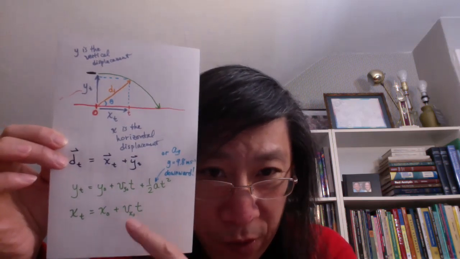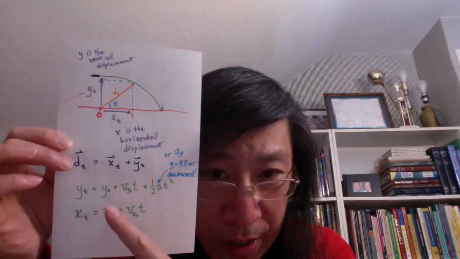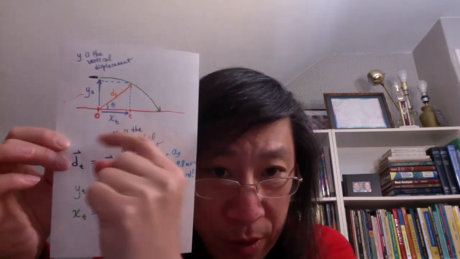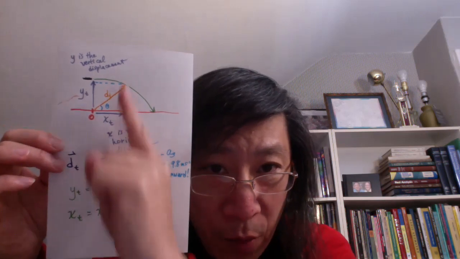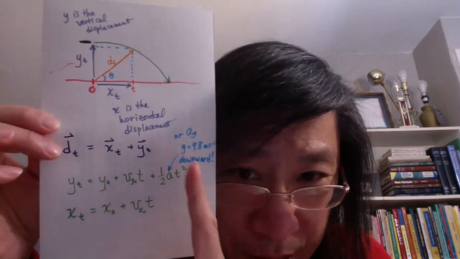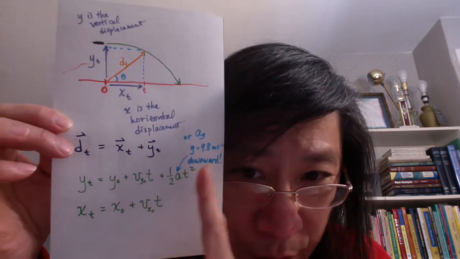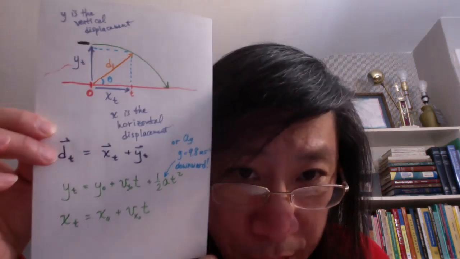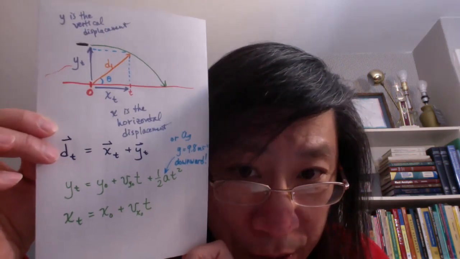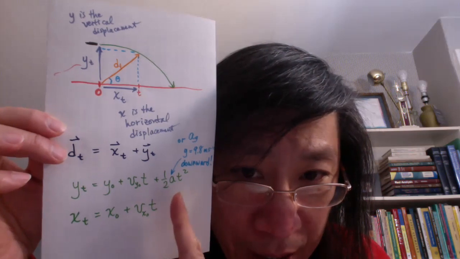So you have 2 different equations for the x and the y, and you use the angle theta to determine what component of the motion is along the x-axis and what component along the y-axis. Remember that the acceleration of gravity is 9.8 meters per second squared at Earth's surface. If we went somewhere else, we'd have different gravitational accelerations, and so that acceleration a might be different. It's just amazing stuff to start with.